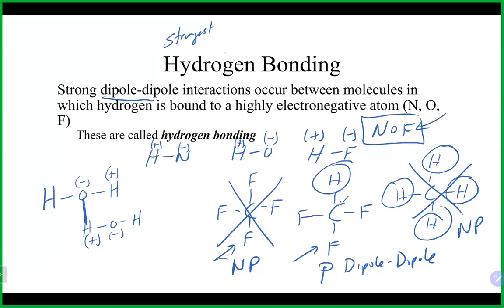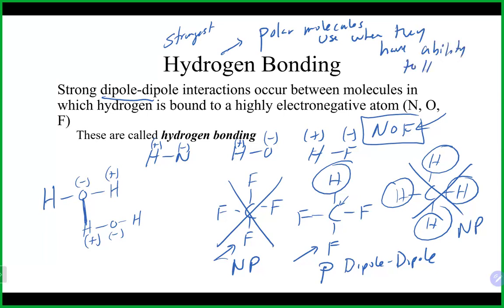It is really the force that polar molecules use when they have the ability to hydrogen bond. So this is what we were talking about with the last one, where we talked about dipole-dipole. Although it may be polar and not have the ability to hydrogen bond, it would use dipole-dipole, like our case right here.